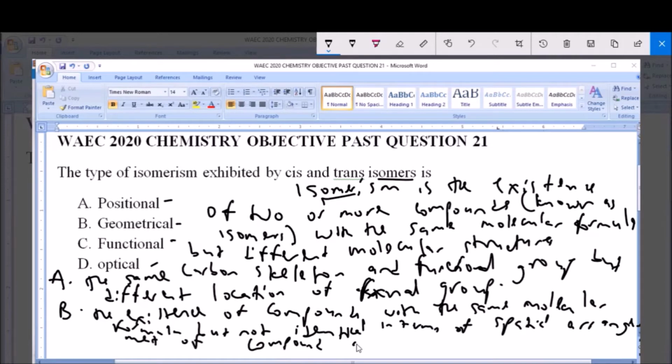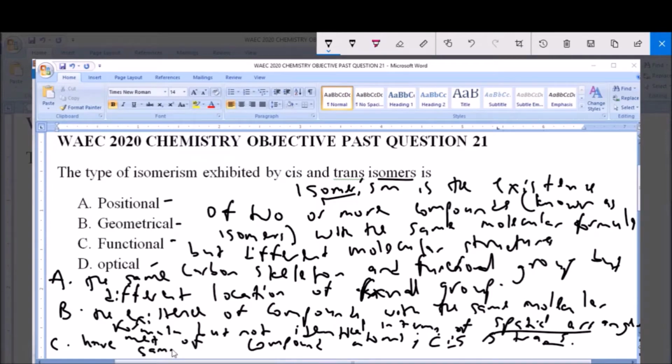So you have 2 configurations when discussing these spatial arrangements. You have the cis configuration and the trans configuration. So the cis and trans configuration is basically dependent on whether some atoms in the compounds are located on the same side, that is cis, or different sides, that is trans.